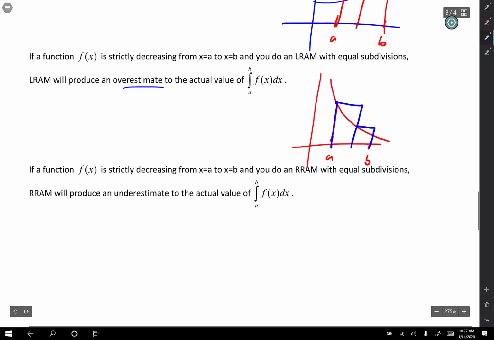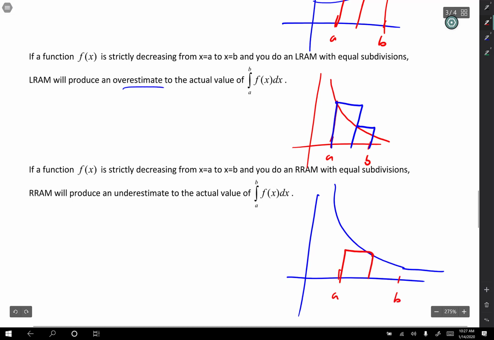If I do another strictly decreasing, and this time I'm doing RRAM. It is an underestimate. Do the visuals help?